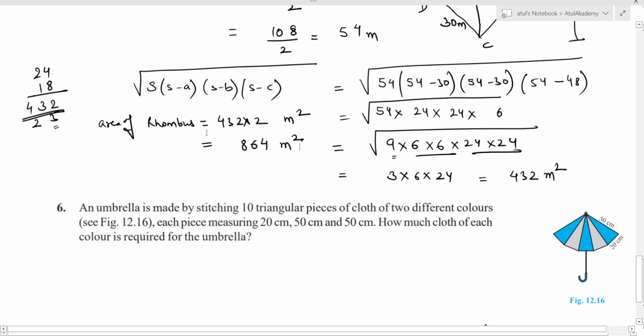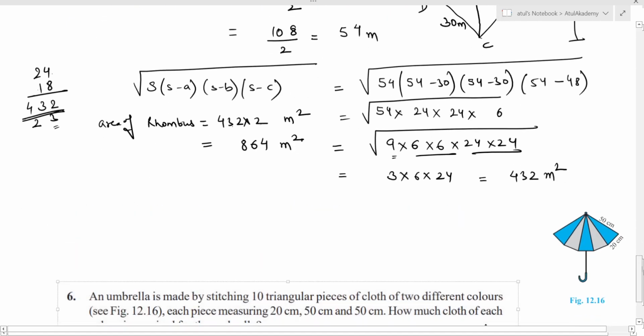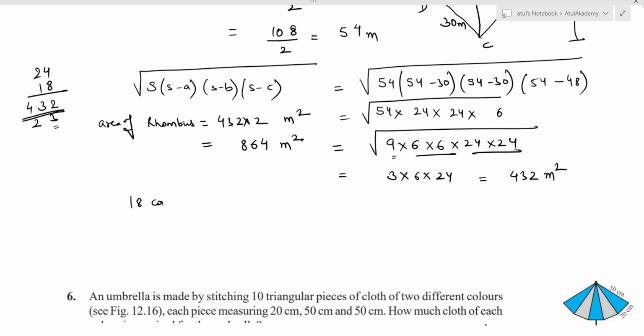So area for one cow, there are a total of 18 cows, yes? So 18 cows graze on 864 meter square. So for one cow, it will be 864 divided by 18 meter square.